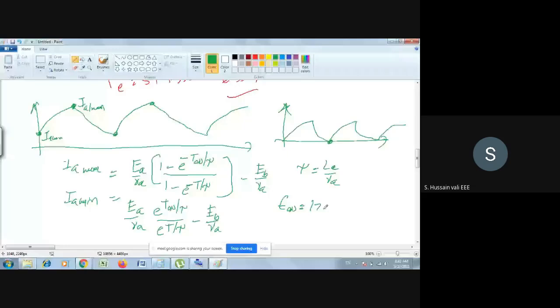We will do one thing. For example, we will make IA minimum 0. If we make IA 0, then the boundary condition becomes 0. Then we find out what T is, where T is the duration.